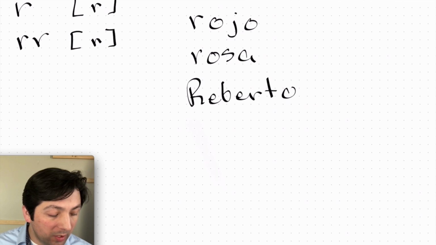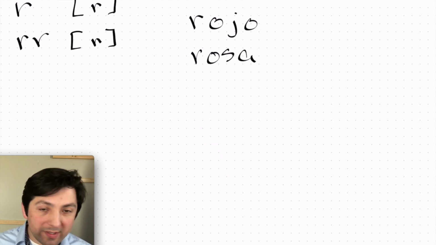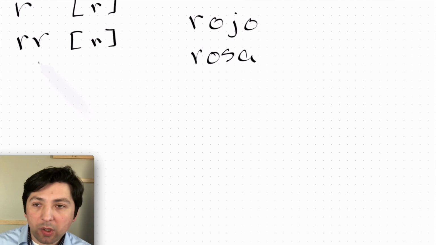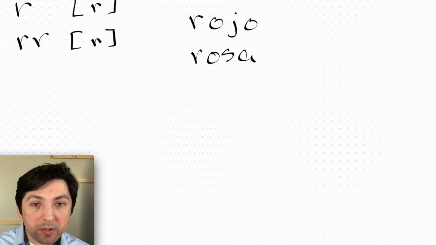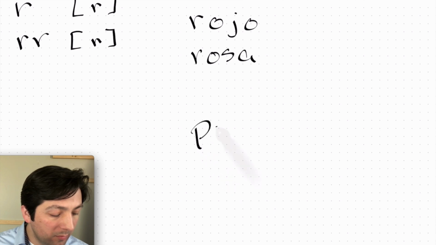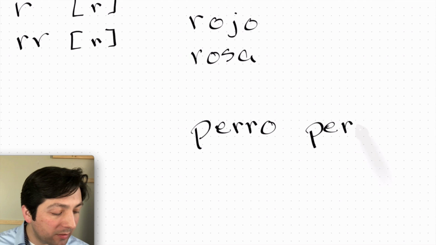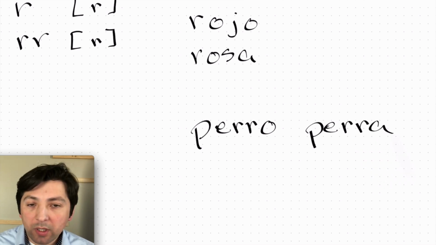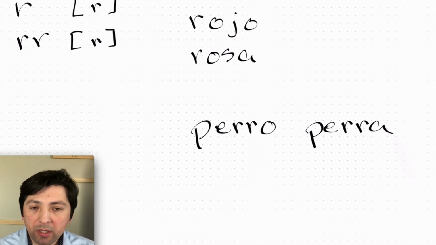All right. Now, when is the double R a trill? The double R is always a trill, but you will only find it between vowels. So we will have the following. Perro, perra, right? So the double R is only going to be between vowels.